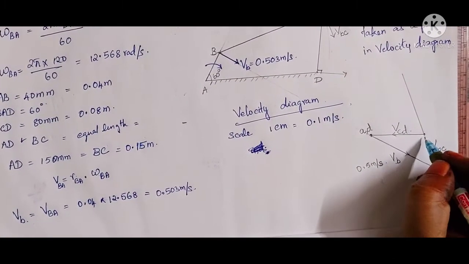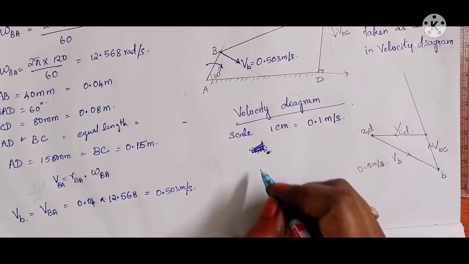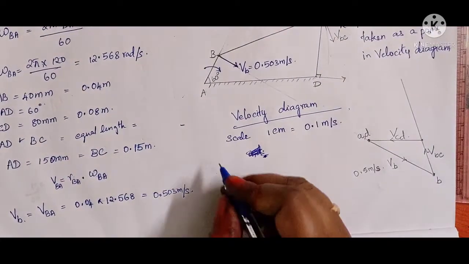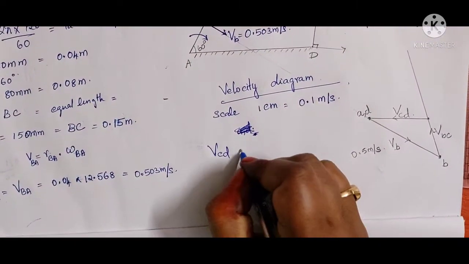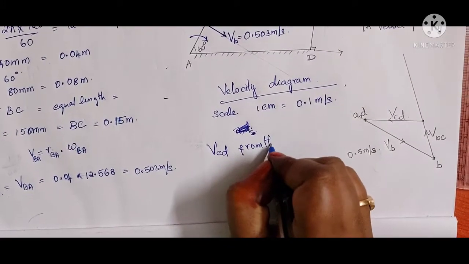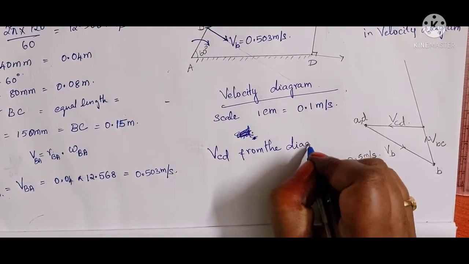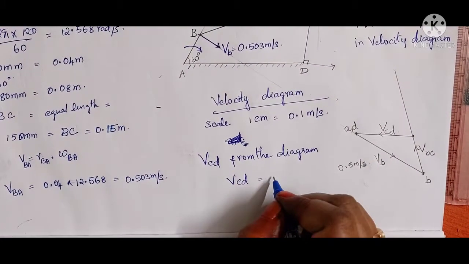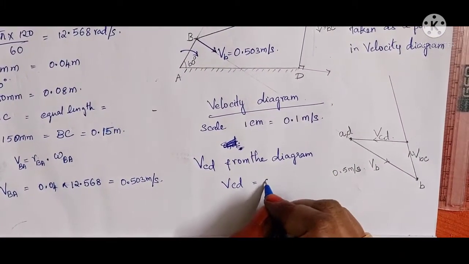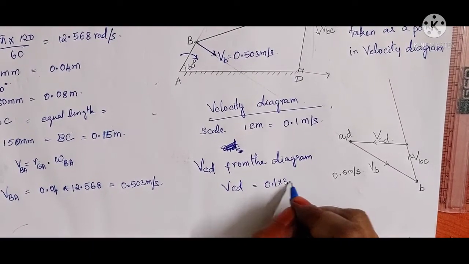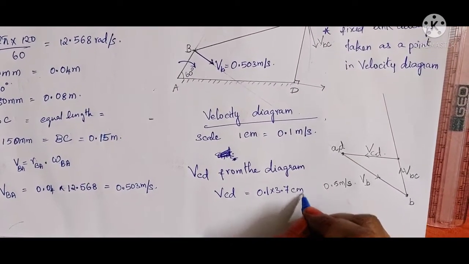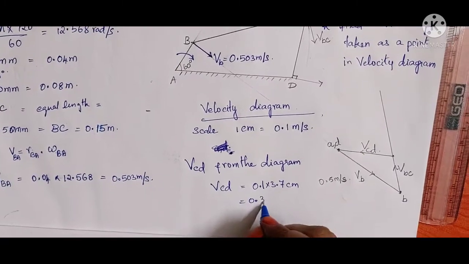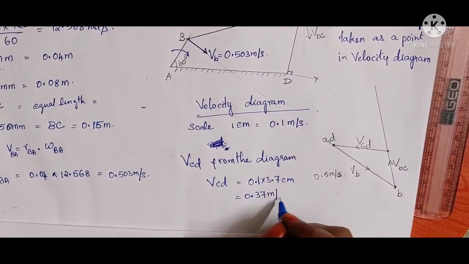So VCD from the diagram equals 0.1 into 3.7 centimeters, so it comes to 0.37 meter per second.